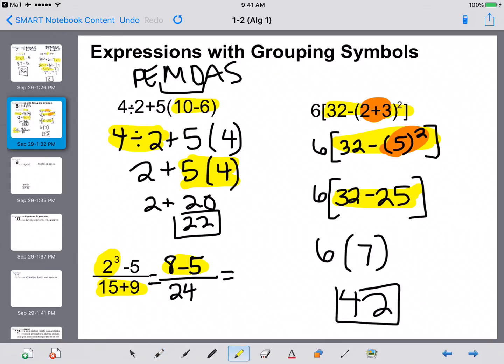And now we still have stuff we can do on the top here. 8 minus 5, which gets us 3 over 24. And boom, there's our answer. It can be a fraction as 3/24. So your numerator and your denominator are like their own sets of parentheses.